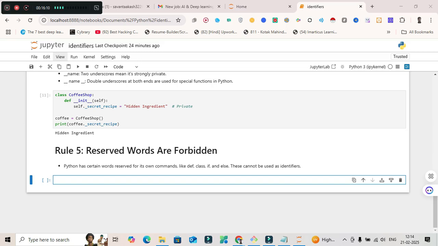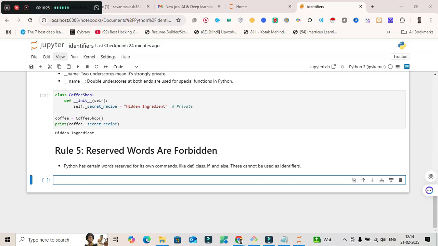These cannot be used as an identifier. Certain words cannot be used in your own ways, correct? You cannot use them as a naming convention or as an identifier.